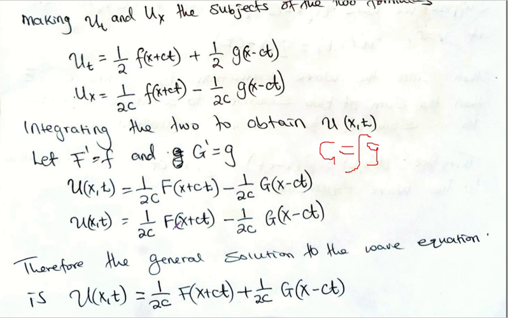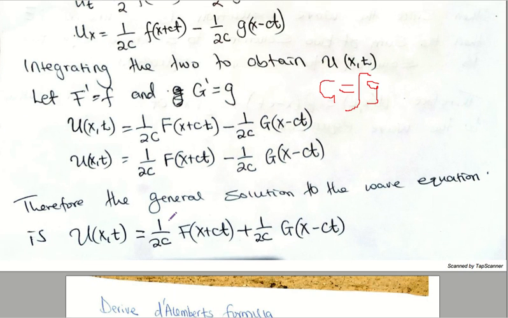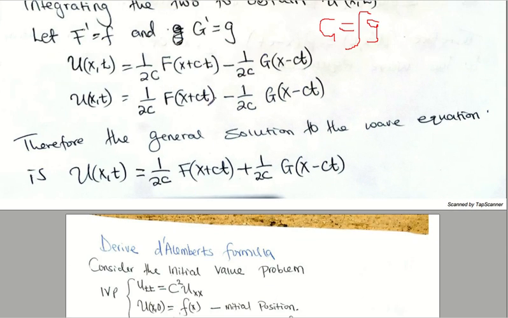The integral will be 1 over 2c F of x plus ct minus 1 over 2c G of x minus ct, and it's a capital G. Now, we realize that u of x,t we are obtaining here is the same as u of x,t we are obtaining in the second equation, which tells us that the two equations we solved are coming to the same solution, which is a general solution to the wave equation. So therefore the general solution to the wave equation can be written in this form.